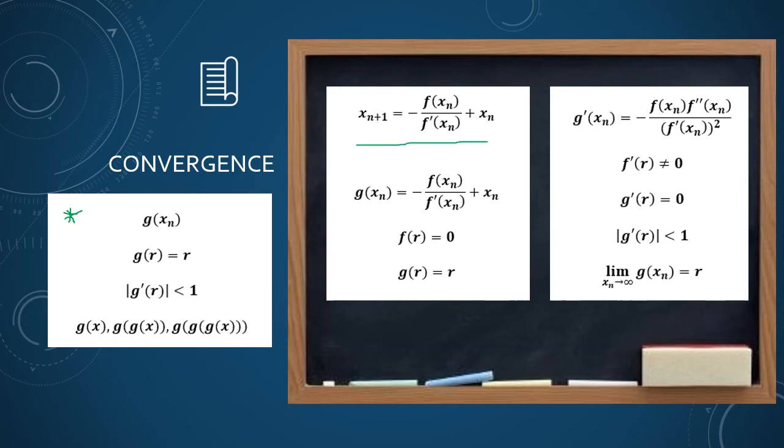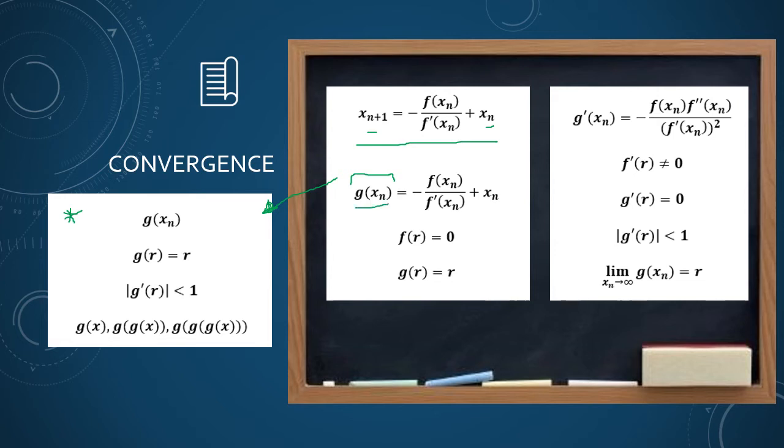So written up here is our Newton-Raphson algorithm. You have our x of n plus 1, plug in your x of n, and it'll give you a new x of n. Well, we can write this as a function, and we can call that g of x of n. And I do like to foreshadow a bit on what's going to happen.